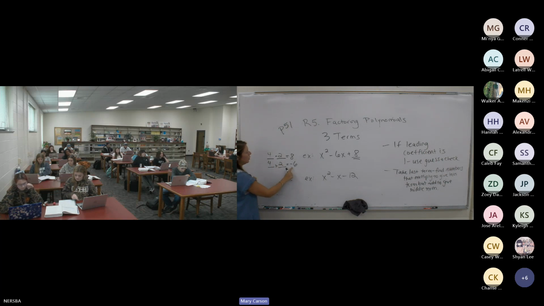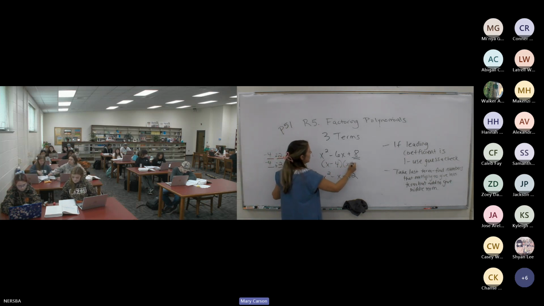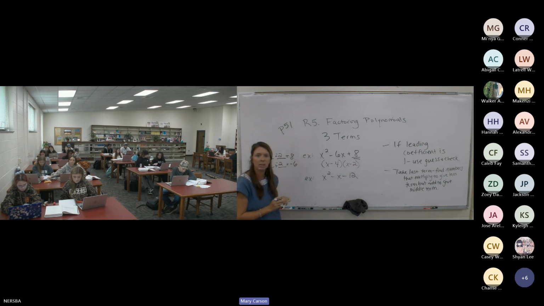If I want them to give you -6, these are going to either have to be both positive or both negative. So which one is it going to have to be? So -4 times -2 gives you a +8. -4 plus -2 gives you a -6. So my factor is going to be x minus 4 times x minus 2. Did you guys get that?